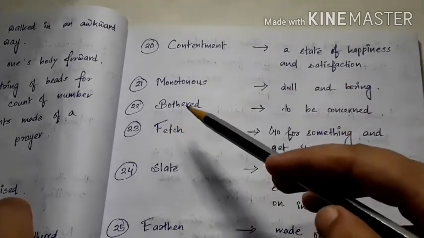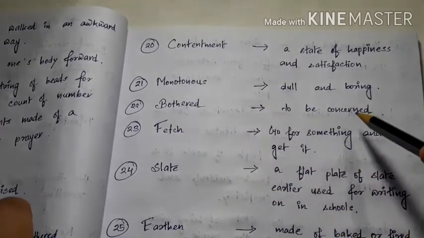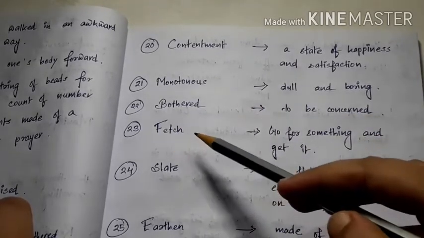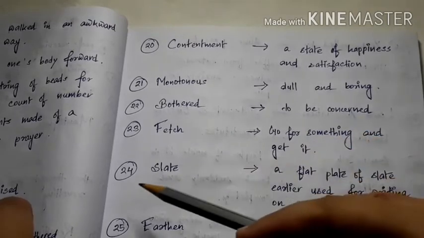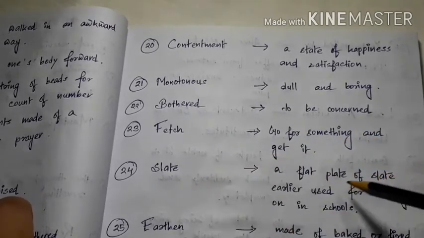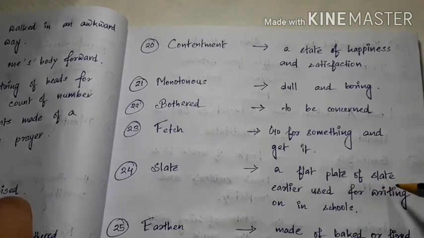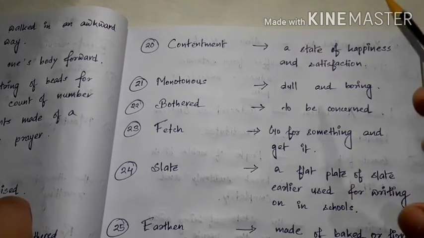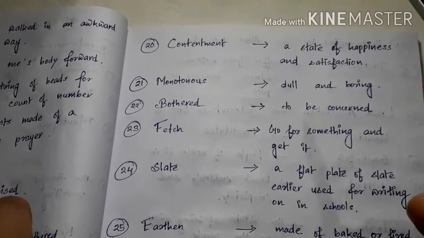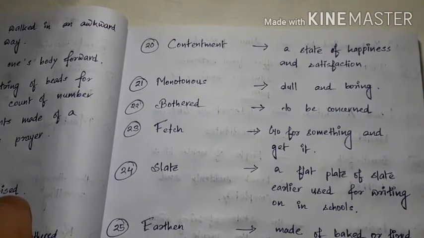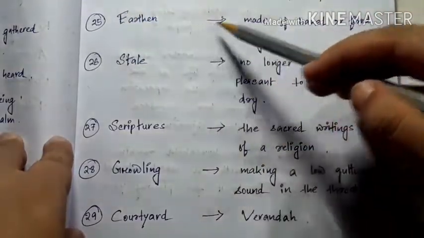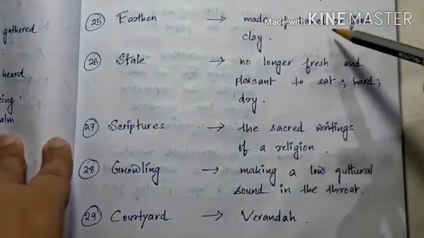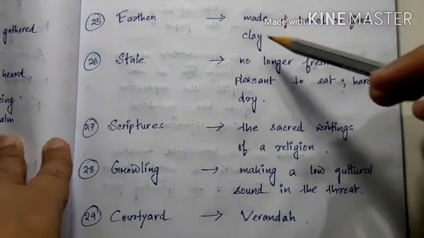Number 22, bothered, meaning to be concerned. Number 23, fetch, meaning go for something and get it. Number 24, slate, a flat plate of slate earlier used for writing in schools, which we all call folly in Assamese, right? Number 25, earthen, meaning made of baked or fired clay.